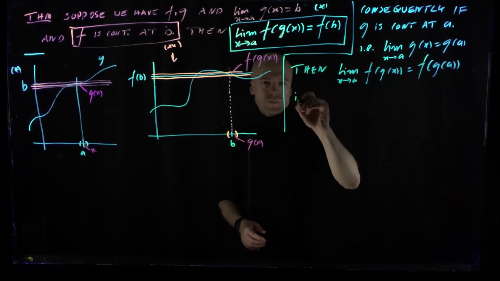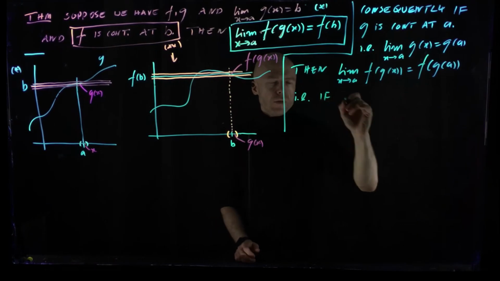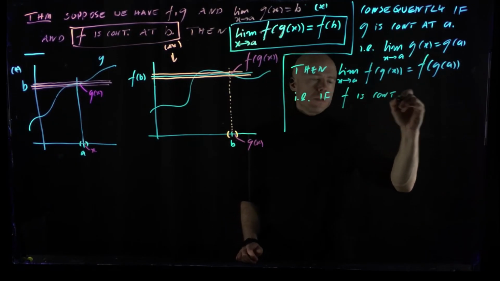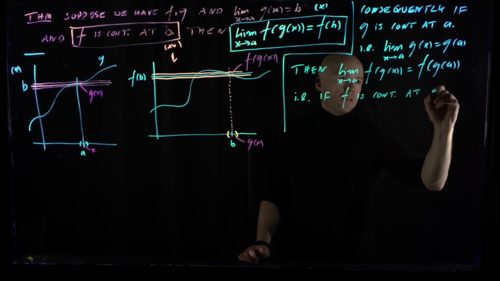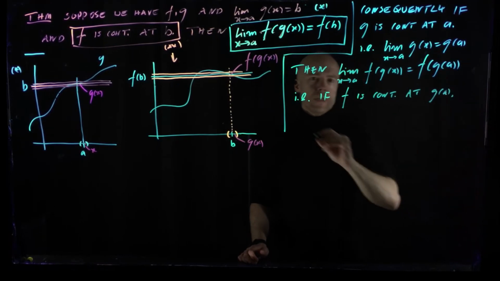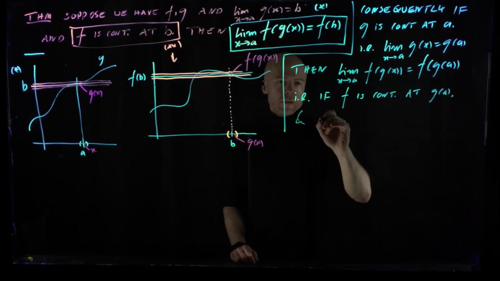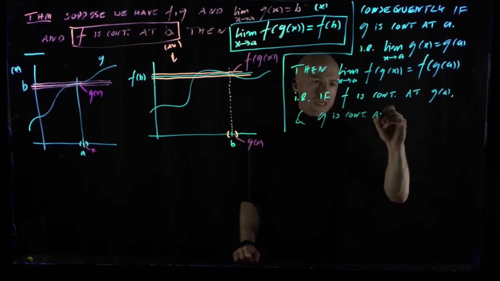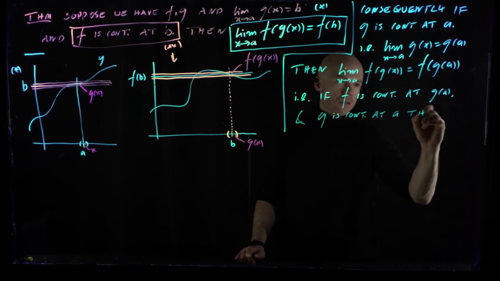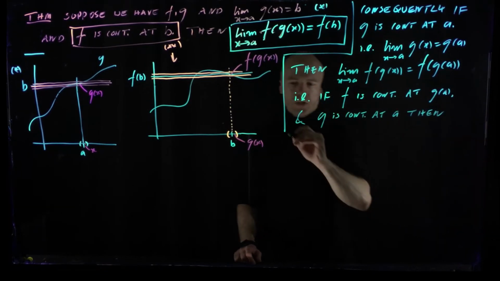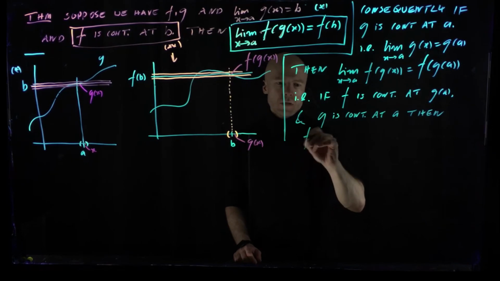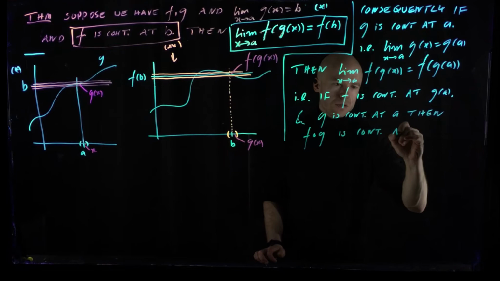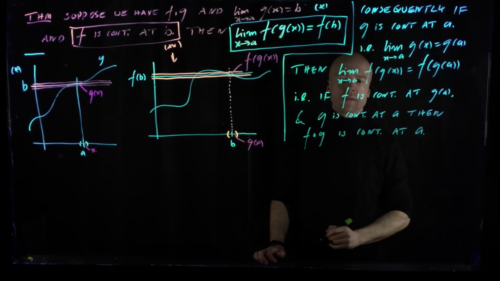I.e., if f is continuous at G of A and G is continuous at A, then the composed function f composed with G is continuous at A itself.